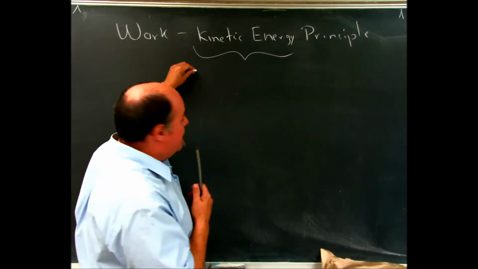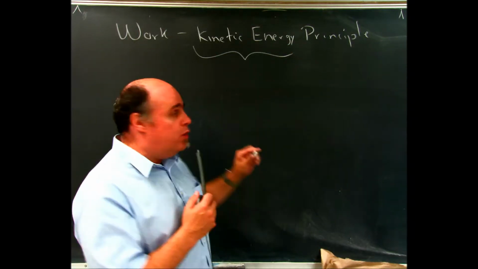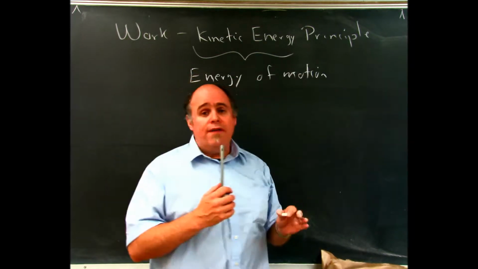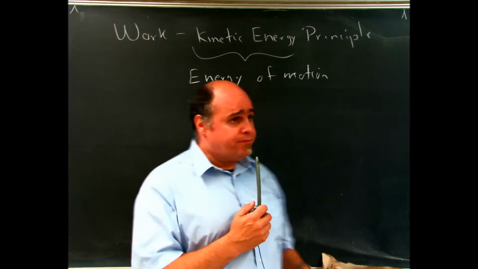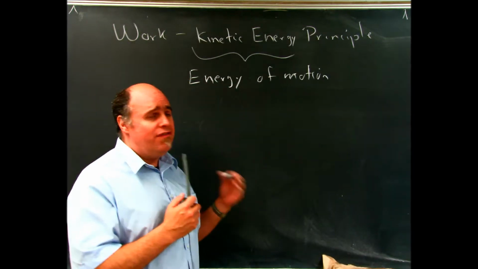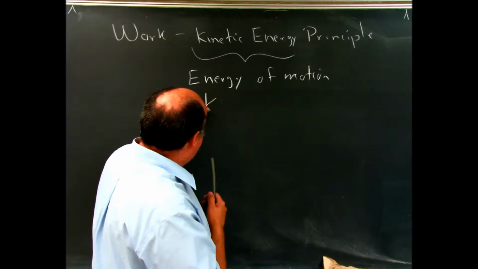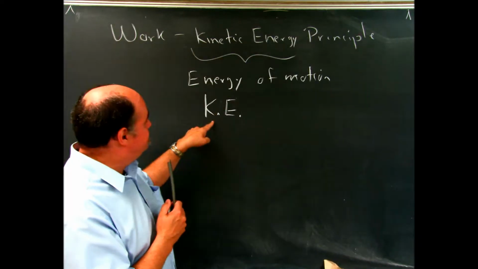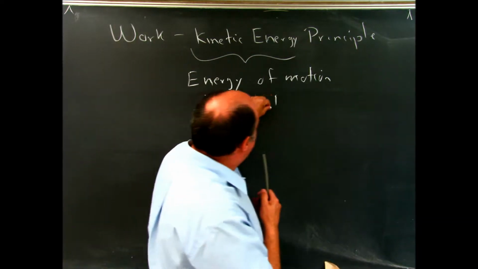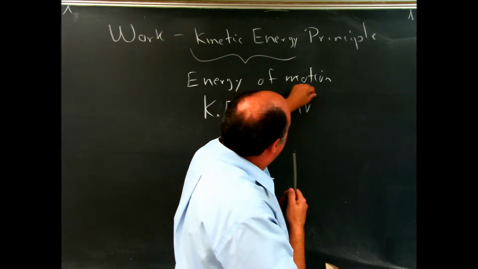Kinetic energy is the energy of motion. Everything moving has something called kinetic energy. The way kinetic energy gets defined is K.E., for kinetic energy, equals 1/2 m v squared.